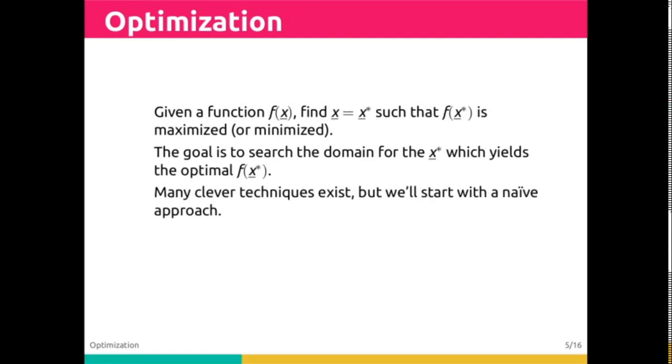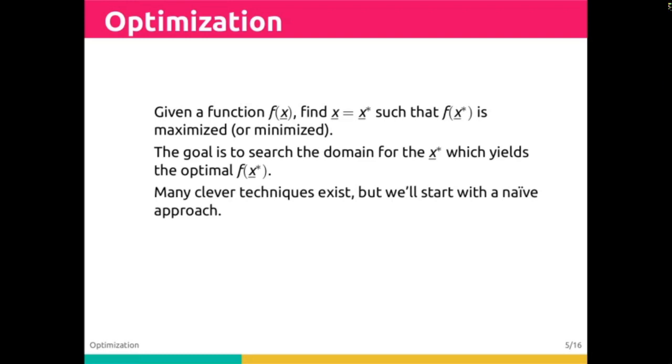The general problem we're going to be solving over the next few lectures is this optimization statement. Given a function f of x, where the underline under x means that x is a vector, possibly therefore several variables x, xy, xyz, find x equals x star such that f of x star is a maximum or a minimum.